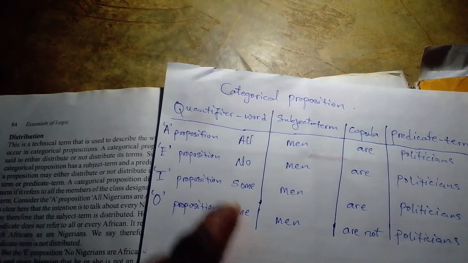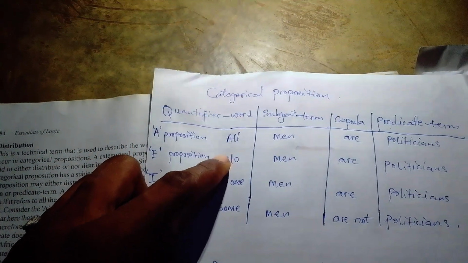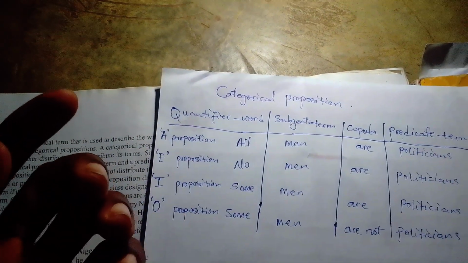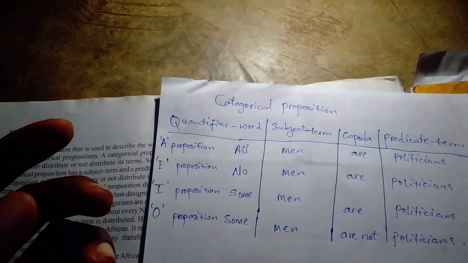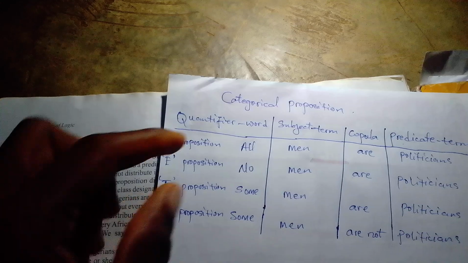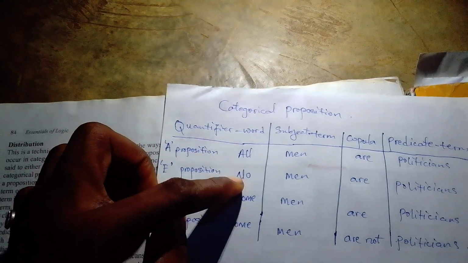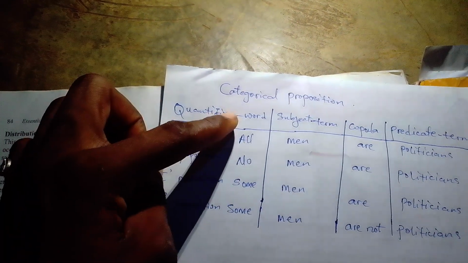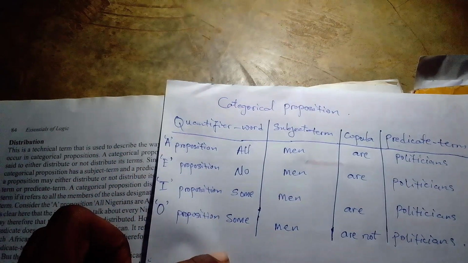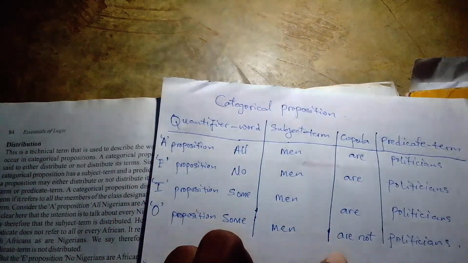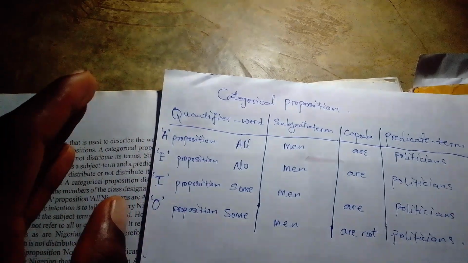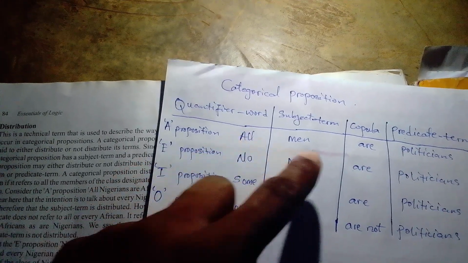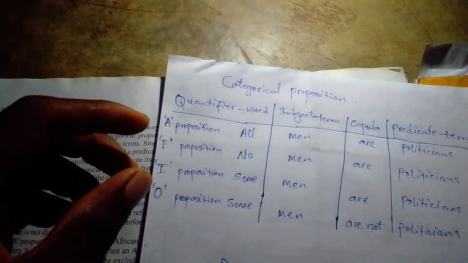So why is this so? Here, this quantifier also gives the quantity. This is universal, all. This is particular, some. So this is the quantity: universal and particular. Then we get the quality, whether affirmative or negative. Here, all are is affirmative, it is positive.